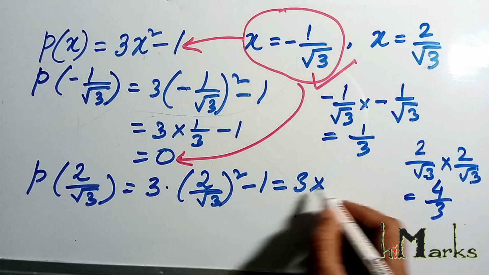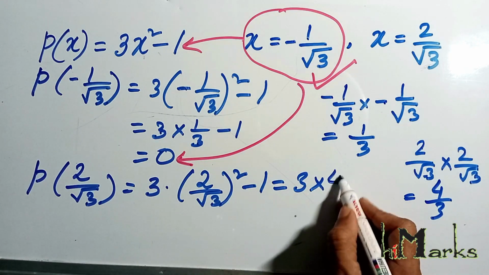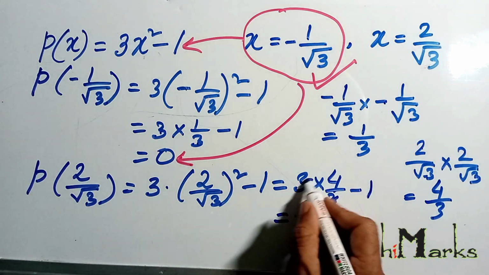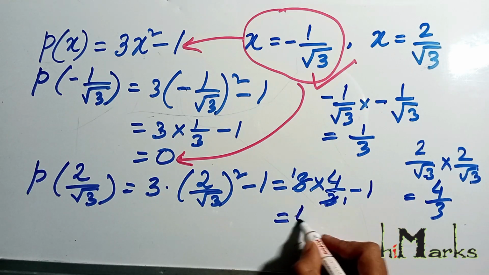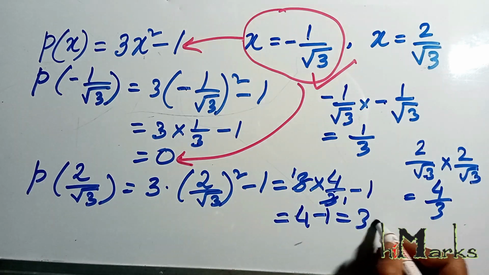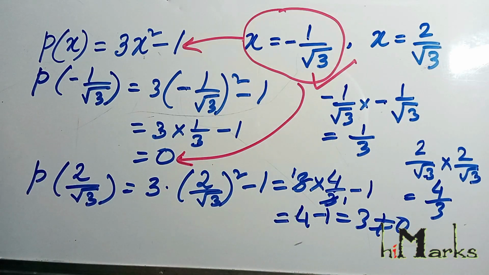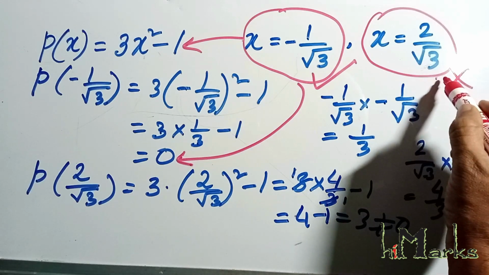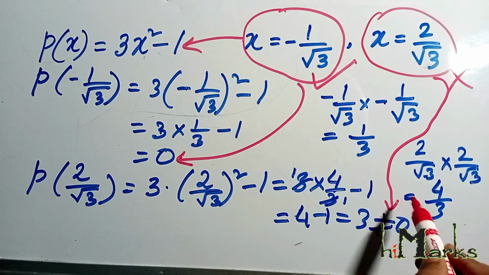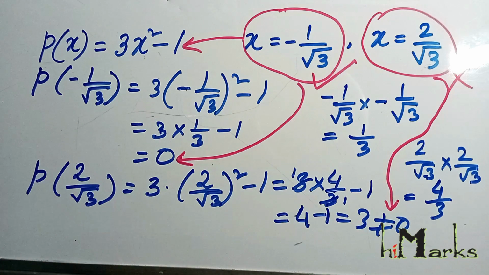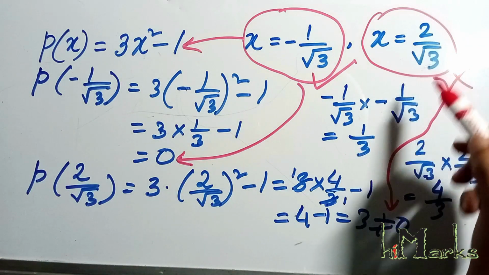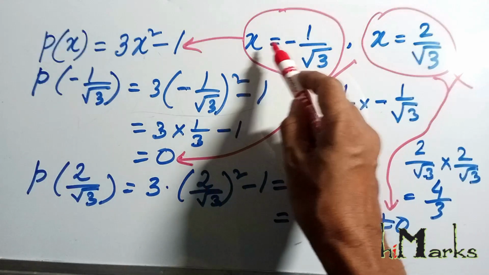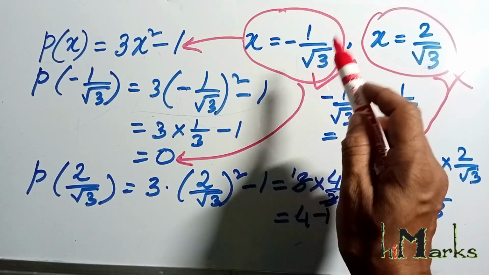So 3 into 4 by 3 minus 1. 3 and 3 cancel, so 4 minus 1 is 3, which is not equal to 0. That means x equal to 2 by root 3 is not a zero of the polynomial because it couldn't make the value zero. So x equal to 2 by root 3 is not a zero of the polynomial, whereas x equal to minus 1 by root 3 is a zero of the polynomial.